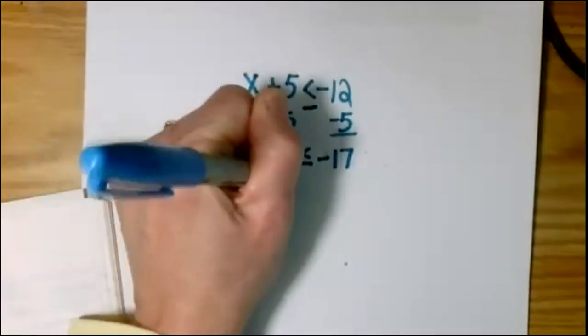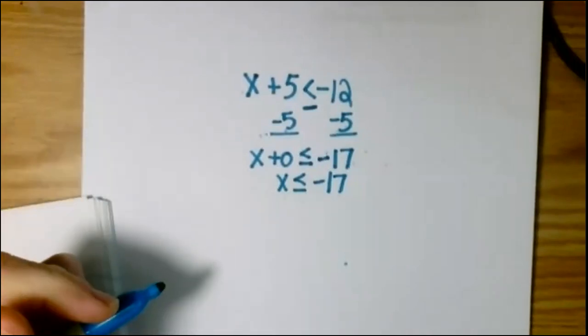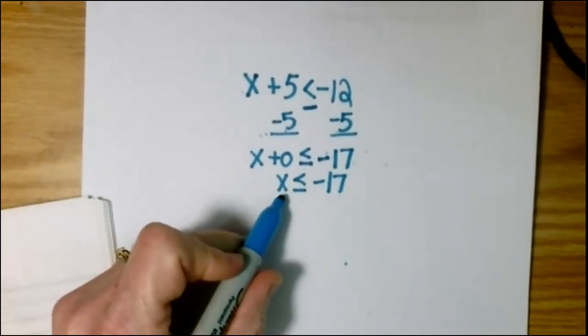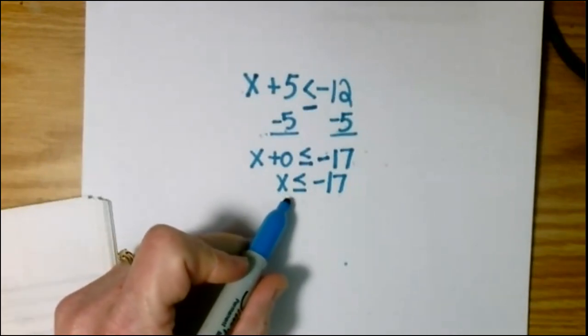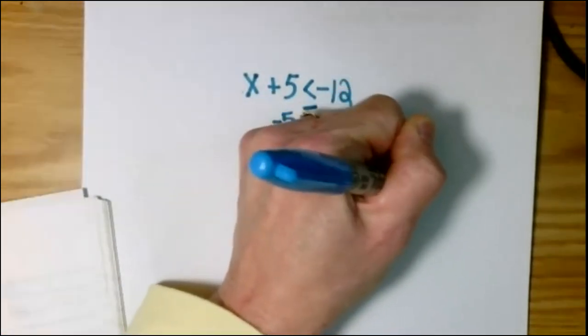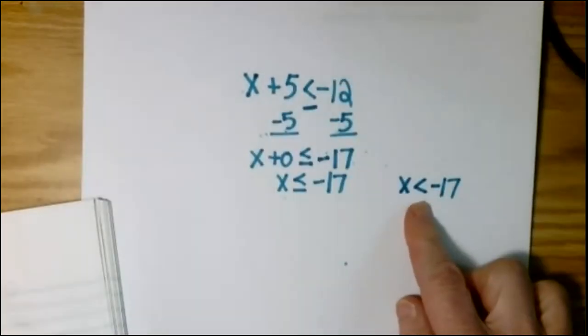X is less than negative 17. But what does that little line under there mean? Correct. It means or equal to. So now in this situation, x is less than or equal to negative 17. Before we had x is less than negative 17, and we didn't have that little line under there.